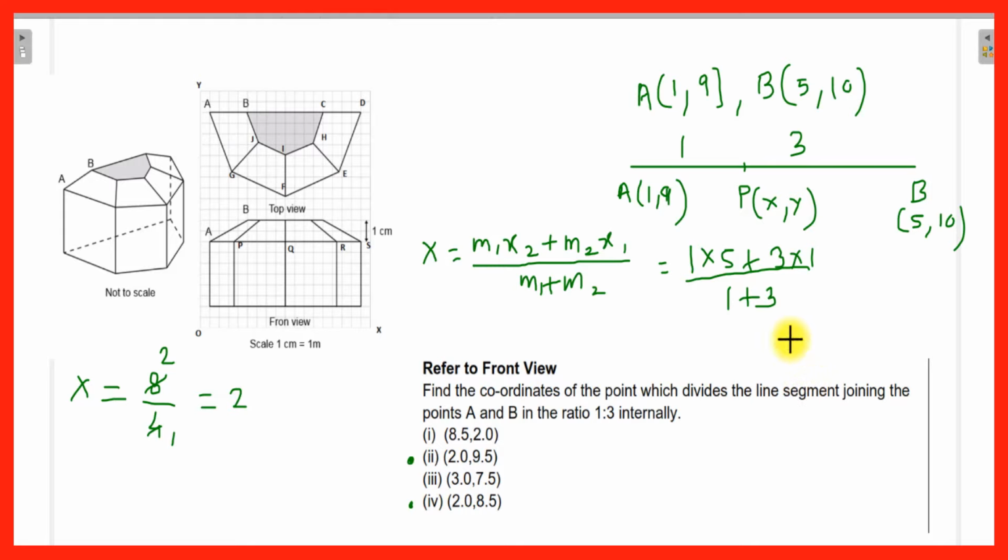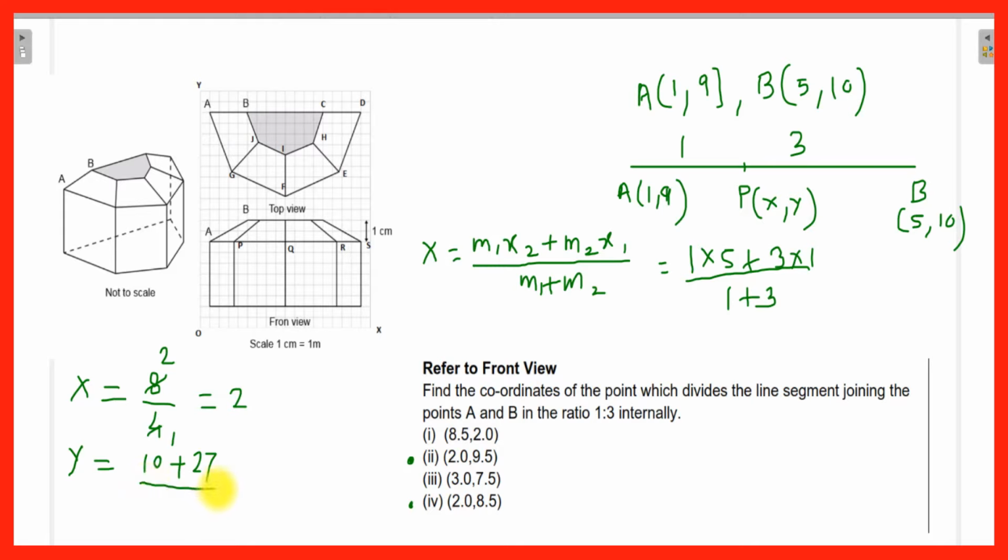Now here we will find the y coordinate. Similarly, y coordinate is equal to (m1 y2 plus m2 y1) upon (m1 plus m2). So m1 y2 is 1 into 10, that will be 10. Plus m2 y1, that is 3 into 9, that will be 27.